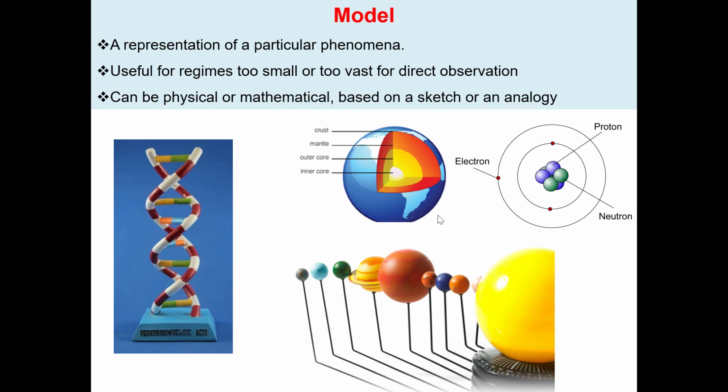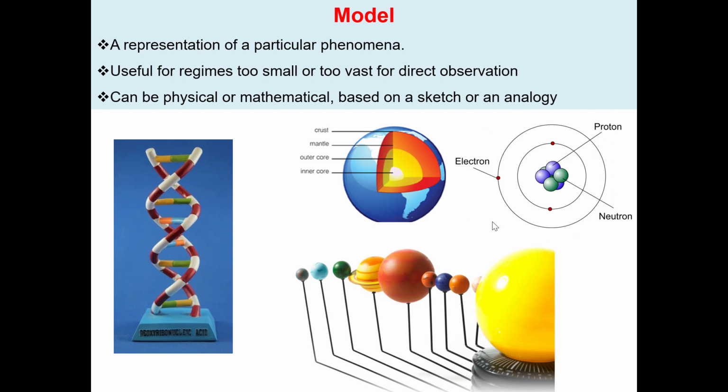Then if we have this model, we know this corresponds to the Earth, and the Earth is so big that we cannot see the complete Earth. But if we have this model, it is easier to understand. One more thing is the atomic model.